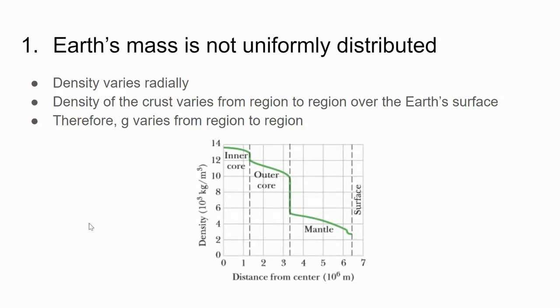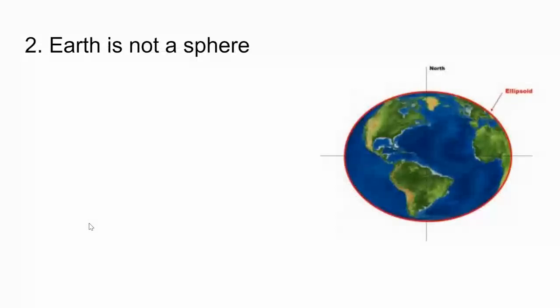The Earth is densest in the center, and as the radius increases, the density gets lower and lower. And like I said before, the density of the crust varies from region to region. So because of that, our little g, our free fall acceleration, is going to vary from region to region.